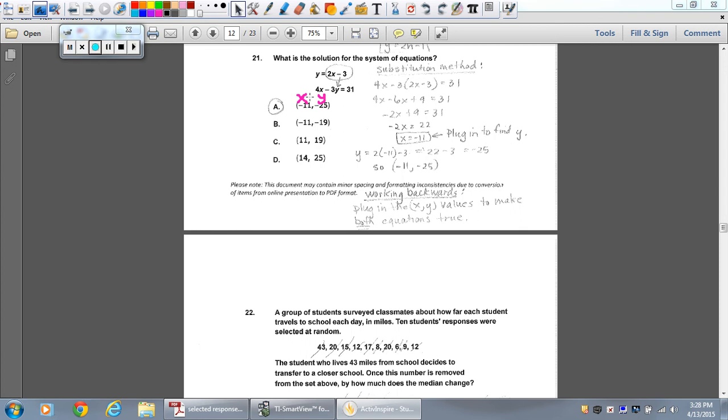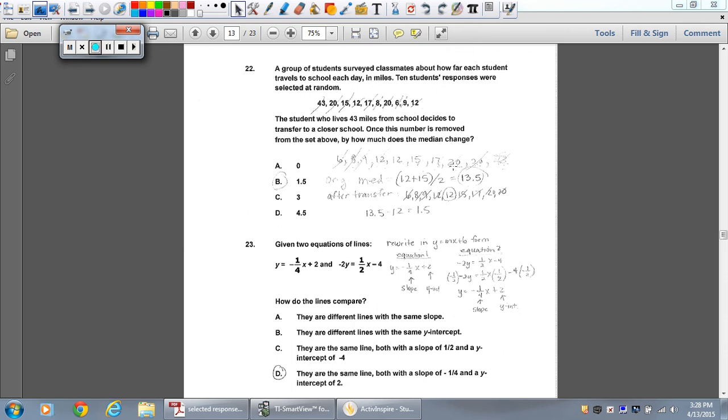Do the same thing down here. 4 times negative 11 minus 3 times negative 25. If that is 31 and it worked in this equation, that's your solution. But don't stop with the first one. Standardized tests, they'll probably have it where the first equation will work because they know people will stop too soon. So they're testing to see if you know to go ahead and check them in both. So that's a great way to do it if you're not so sure about solving systems.